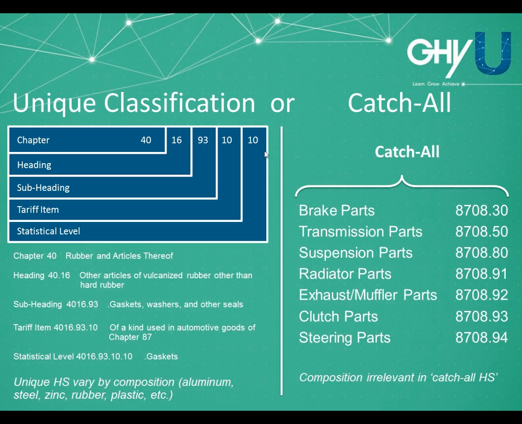On the other hand, if you were importing, say, a ring, a shim, a disc, an item that's not specifically named in the HS tariff, and those items were for use on any of the items listed on the right-hand column, then it would be okay to classify under those items, as long, again, as the ring, shim, disc, or whatever it might be are not specifically named.